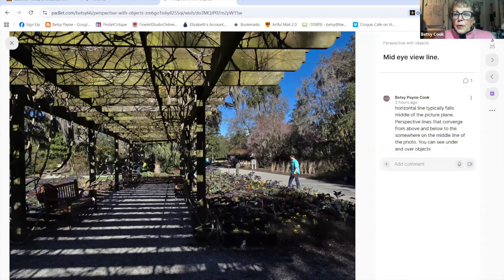Similar to what's happening over on this side, these posts are all the same height, unless you had something fun and funky that went up and down for some reason. But we know that if this is 10 feet high here, this one's 10 feet high, that one's 10 feet high, that one's 10 feet high. They're all the same height in this case.